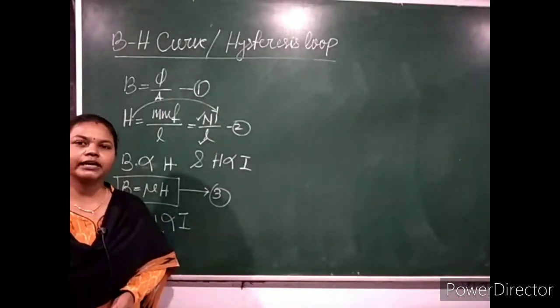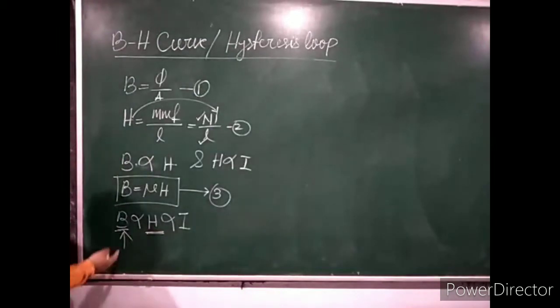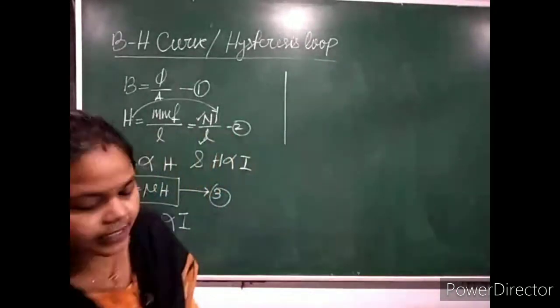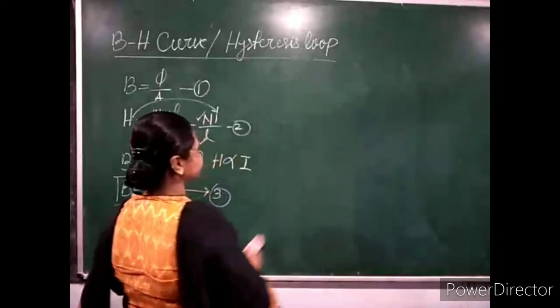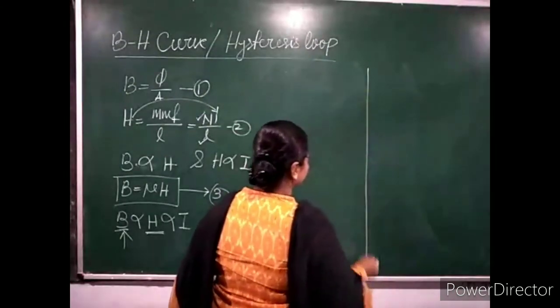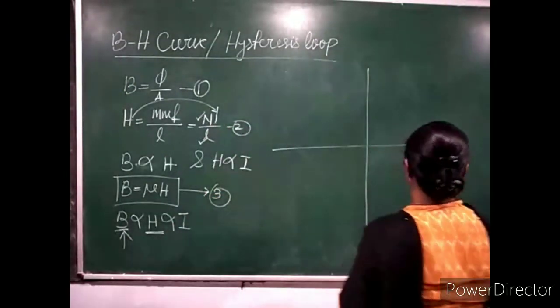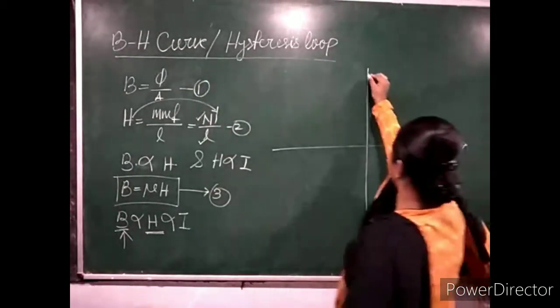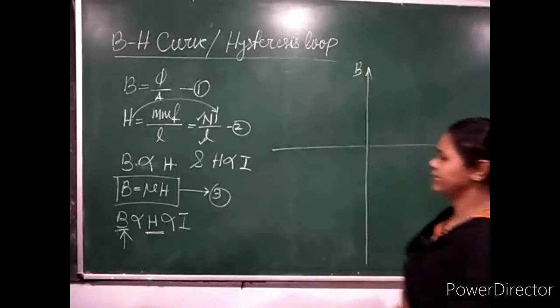So in another sense, flux density and flux intensity are proportional to each other. As flux density depends on flux intensity, you take flux intensity on the x-axis, and on the y-axis you take flux density.